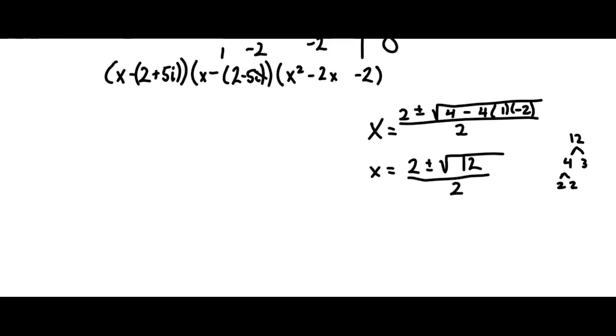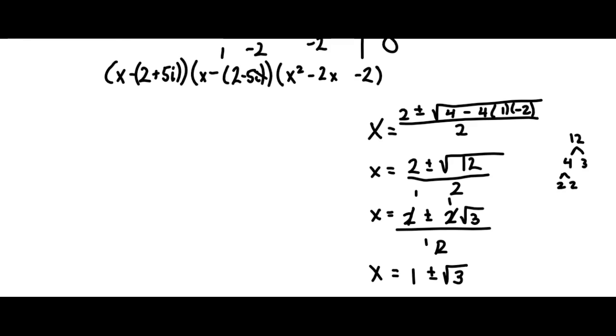So we know that we can take a 2 out, and we're left with radical 3. So we have x equals 2 plus or minus 2 radical 3 over 2. Each term has a 2, so we can cancel them out. And so essentially we have x equals 1 plus or minus radical 3.